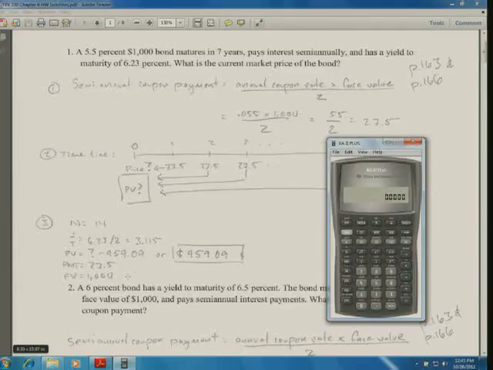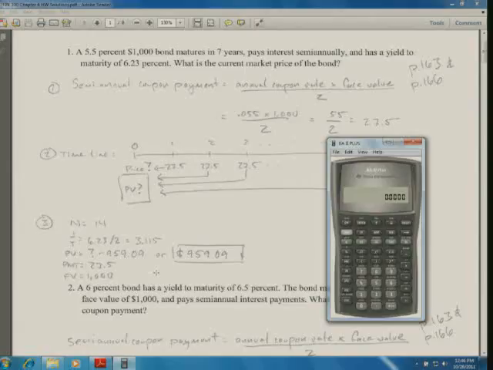Because if we assign a negative sign in the wrong place when we're putting these in here, we're either going to get an error 5, that message that says we messed up with the negative sign, or we're going to flat out get a very, very wrong answer. It may do the calculation because we entered it just right, but we'll get a very, very wrong answer. So with bonds, make sure you pick a perspective and stay consistent with it when you're thinking about cash flows and whether they're positive or negative.